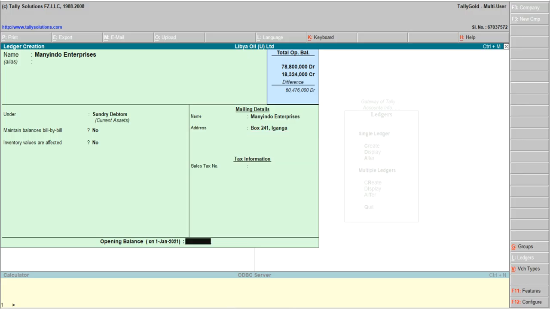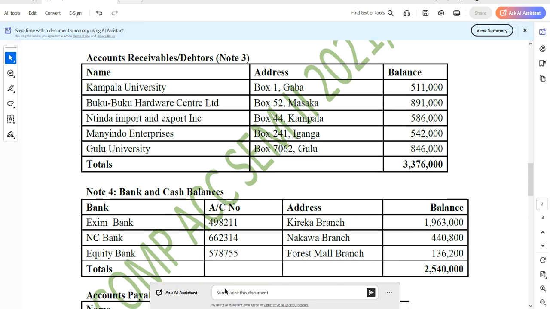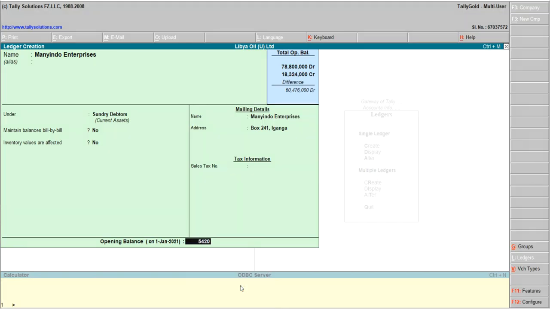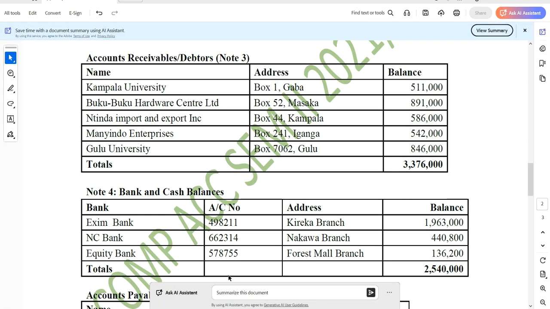The opening balance for Manyindo is 542,000, debit balance. Then lastly we have Gulu University, box 7062 Gulu, 846,000.